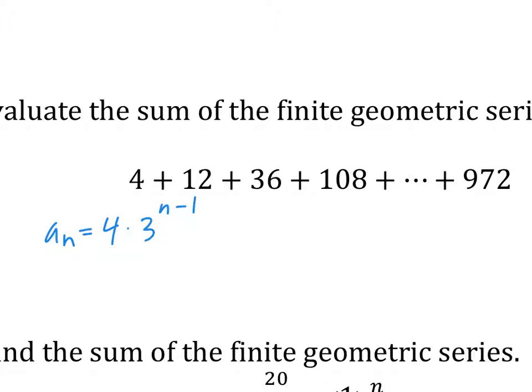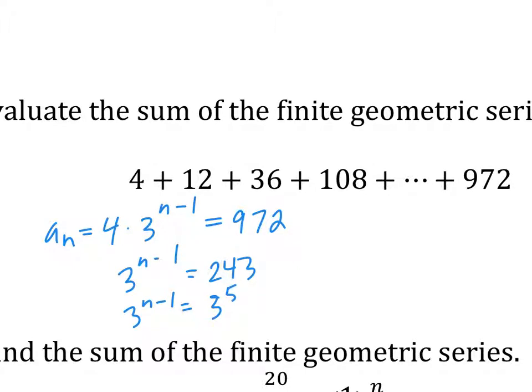And we want to figure out how many terms there are, so that's equal to 972. Very important, do not multiply 4 and 3 together. Divide by 4, so 3 to the n minus 1 is equal to 243. So 3 to the n minus 1 is equal to 3 to the 5th. So n minus 1 is equal to 5, n is equal to 6.